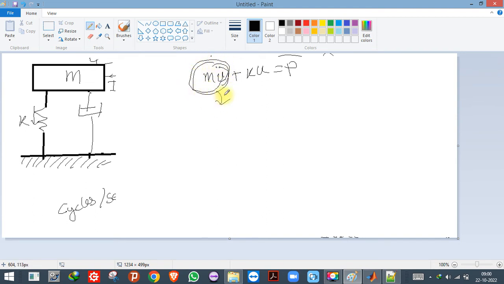This is the force which has opened the field of structural dynamics. The more the mass, the more force will be generated in the system.